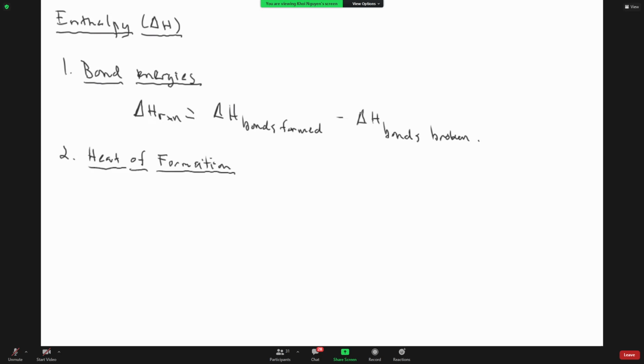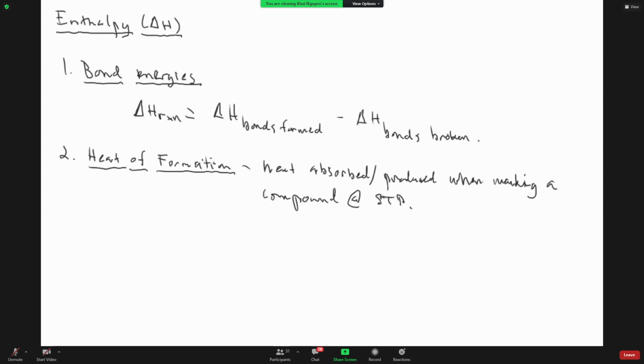So heat of formation is simply the heat absorbed or produced when making a compound at standard temp and pressure, okay?